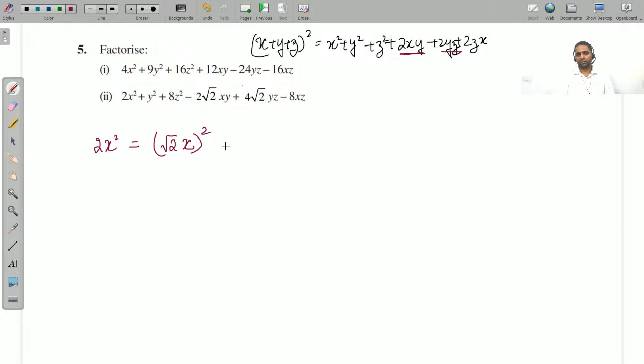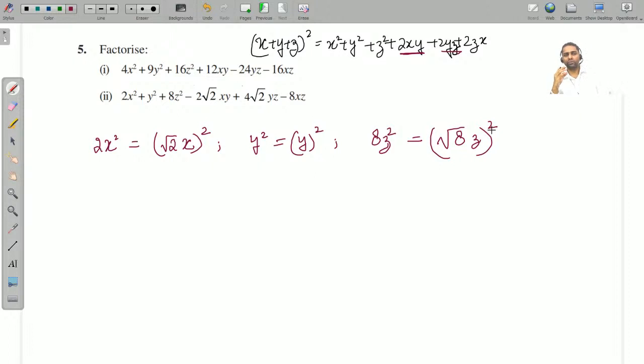And even like y square can be written as y whole square, that is not an issue. But now 8z square can be written as square root of 8z whole square. So whose square, the number which is not a perfect square, so you can write their square root as just put the square root on that number and put a whole square outside it. That is it.